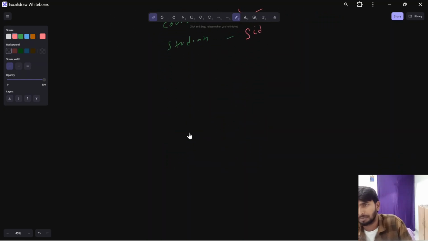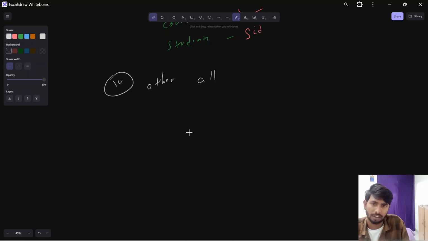Now next step, fourth: find the other attributes. Other attributes, like we have ID, some name. Teacher has some salary, courses have some subjects like that.